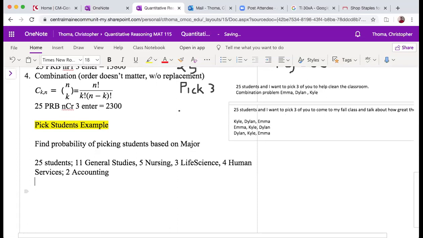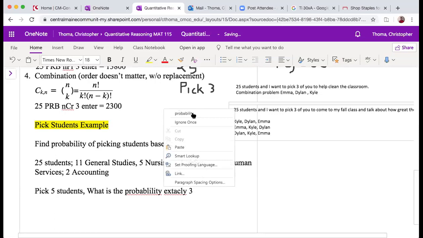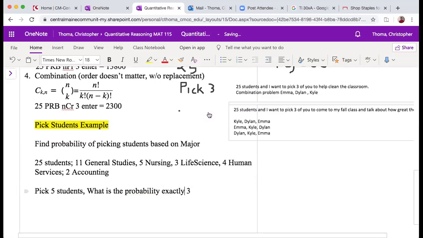So I now want to pick 5 students. What is the probability exactly 3 are general studies?